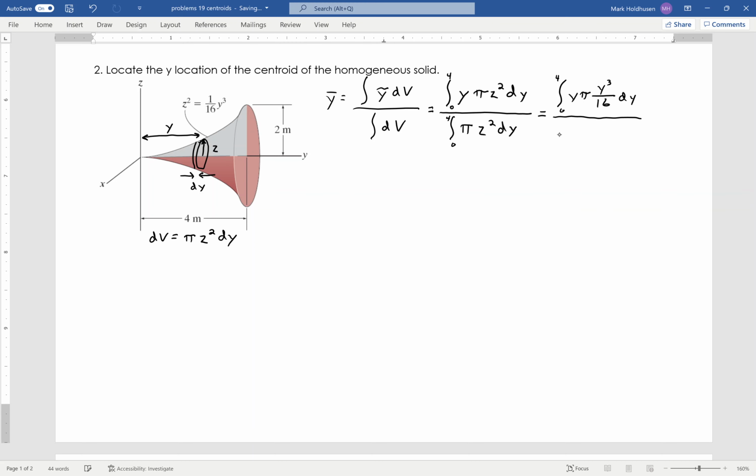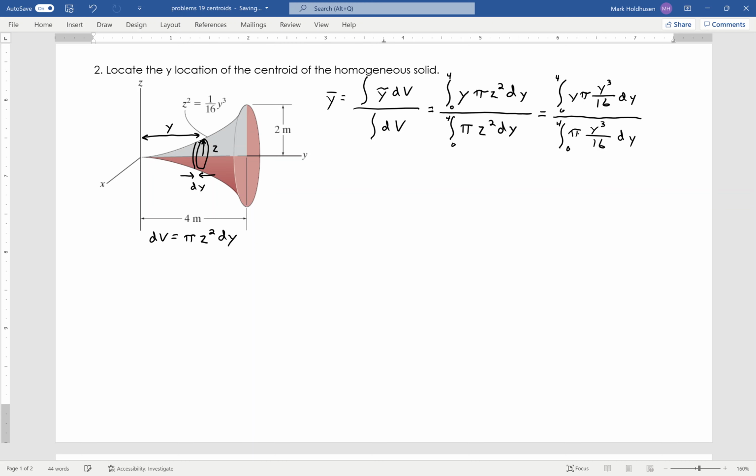And I'll get something similar on the bottom one, 0 to 4. There's no y in front of this one. It's just pi times y cubed over 16, which is what z squared equals, dy.